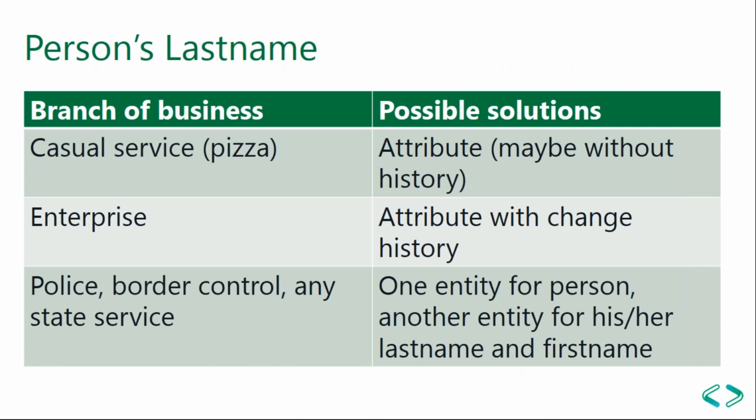When you make an application for a casual service, for example, to order pizza or taxi, you don't need to store too much data. You only need a first name, maybe last name, and phone number.